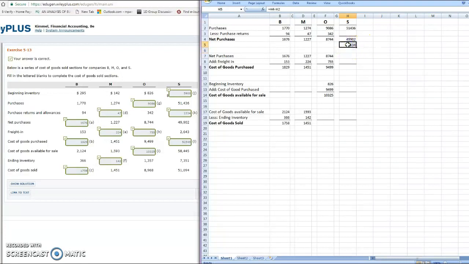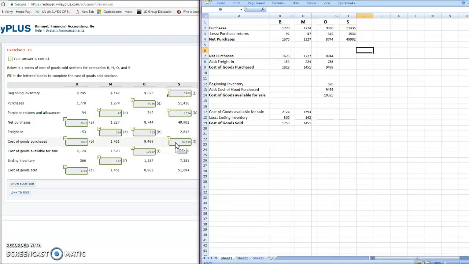Oops, that's not what we'll do. Sorry, hope I didn't confuse you. What we will do this time is we'll take our purchases minus our net purchase. That gives us $1,534 in purchase returns and allowances. So right here, $1,534, we enter it in right over here.